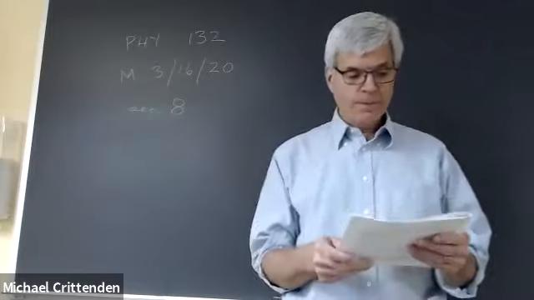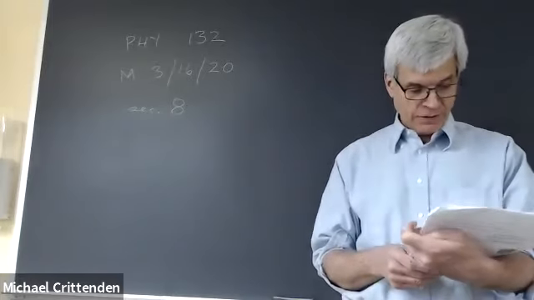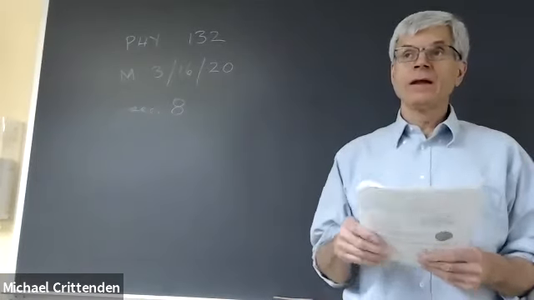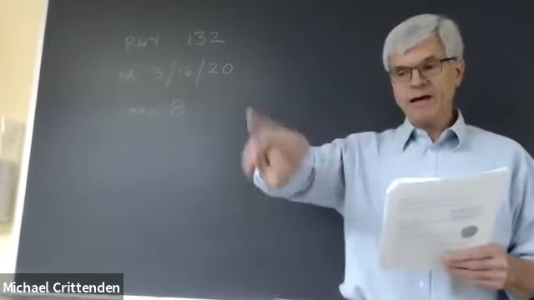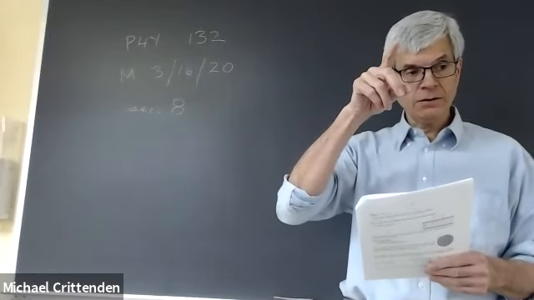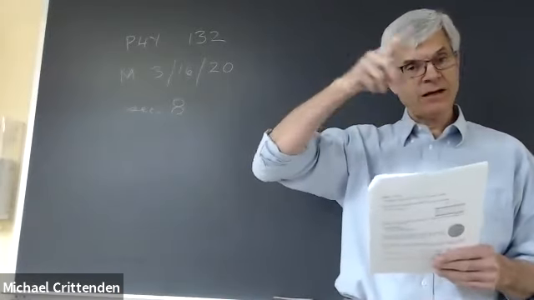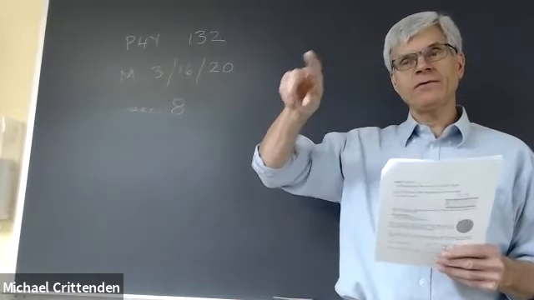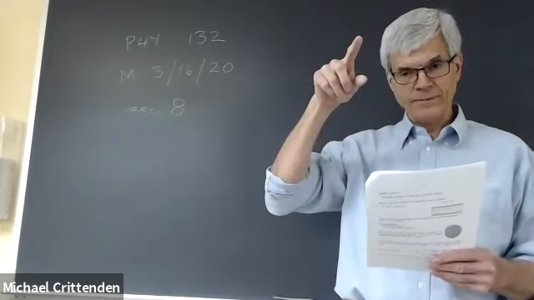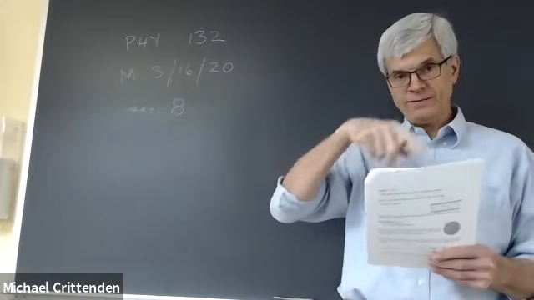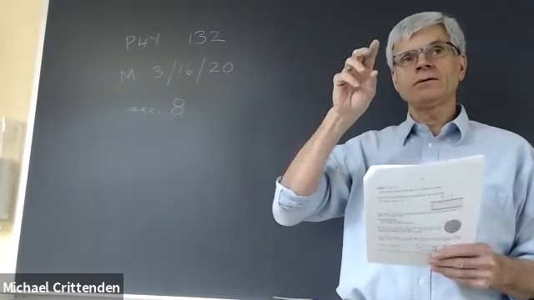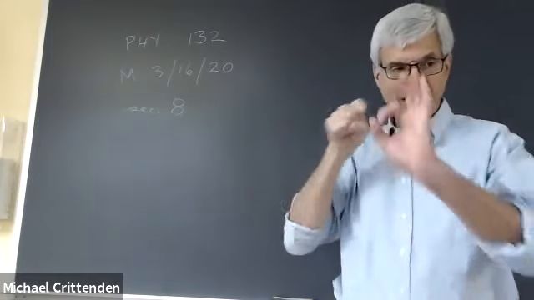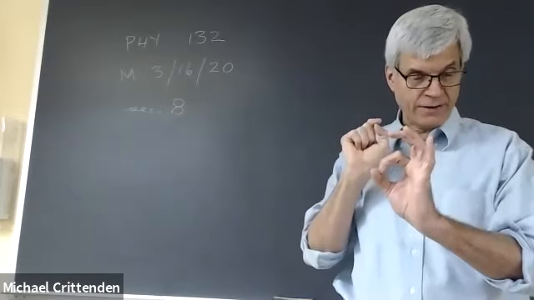Before the break, I had introduced Ampere's Law, which, once again, just to get you back into it, says if you pick some path, and it has to be a closed path, you have to end up back at your starting point, that the strength of the field along that path times the length of the path is equal to a proportionality constant times the amount of current passing through that path, okay?